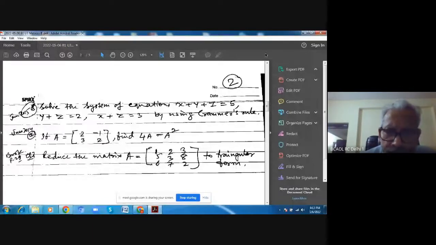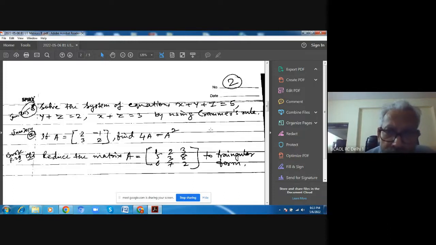First of all is Cramer's rule. The equations are given. First of all, you form a matrix, and after that you determine the matrix determinant D. Once you get the determinant, you make another 3 determinants, D1, D2, D3.